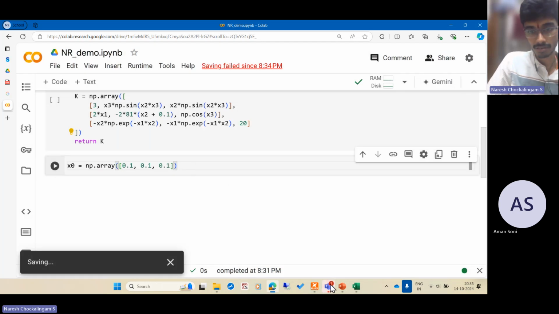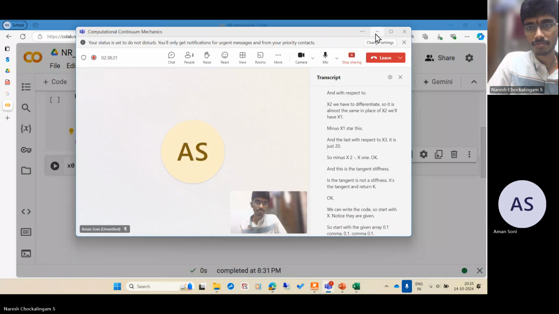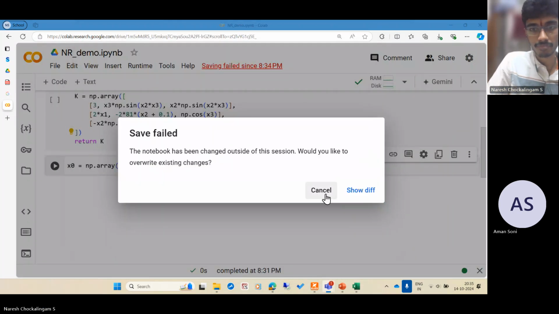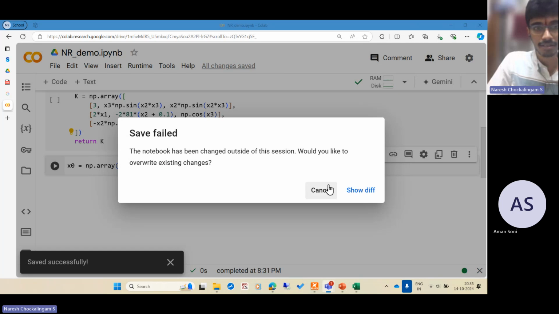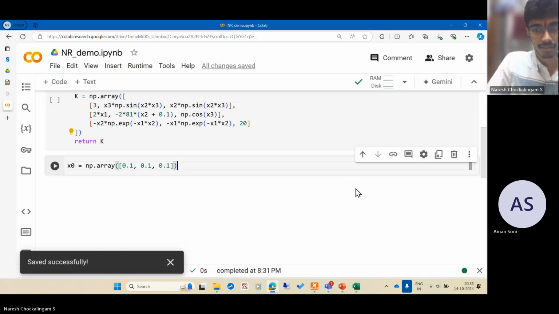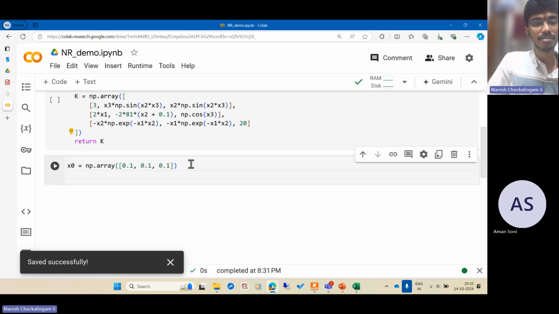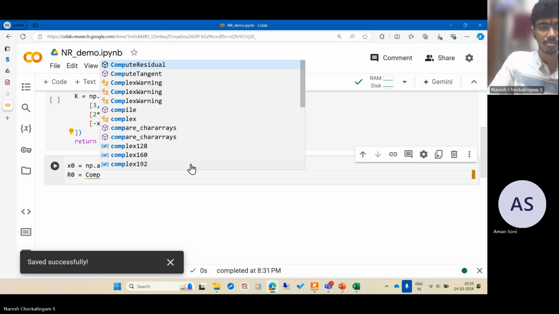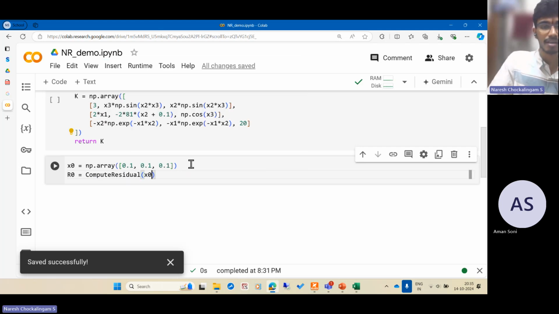Now first take R0 as the initial residual. So what is it? Compute residual of x0.